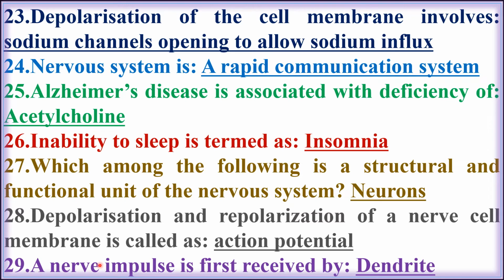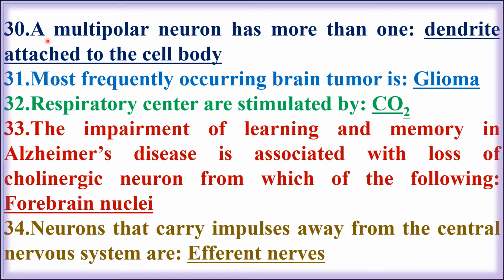Next, a nerve impulse is first received by dendrite. Next, a multipolar neuron has more than one dendrite attached to the cell body. Next, most frequently occurring brain tumor is glioma.